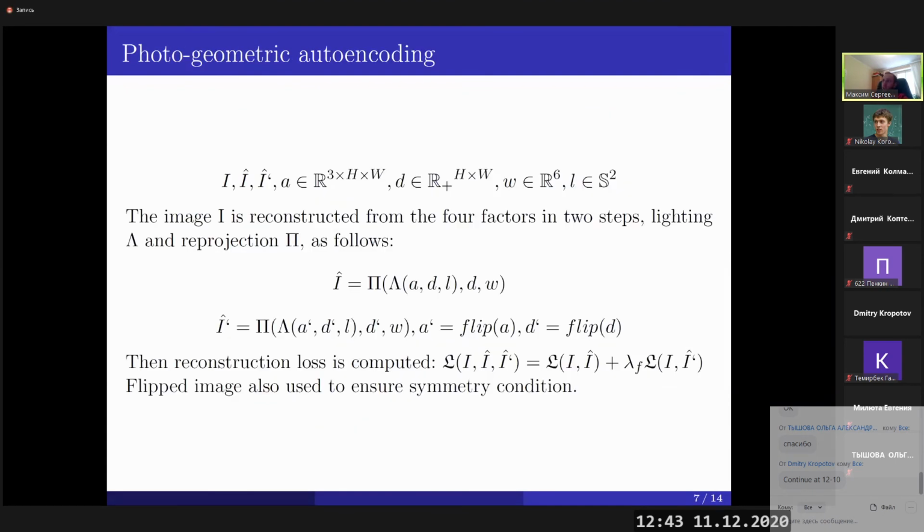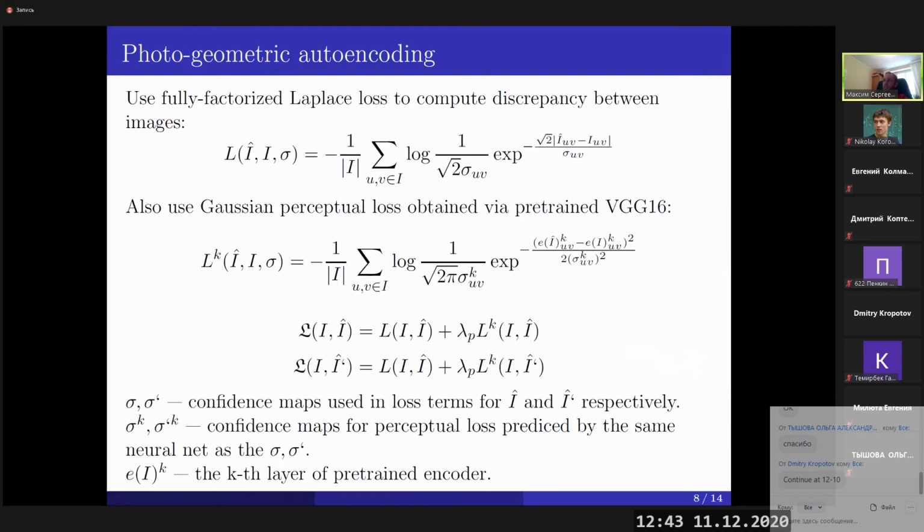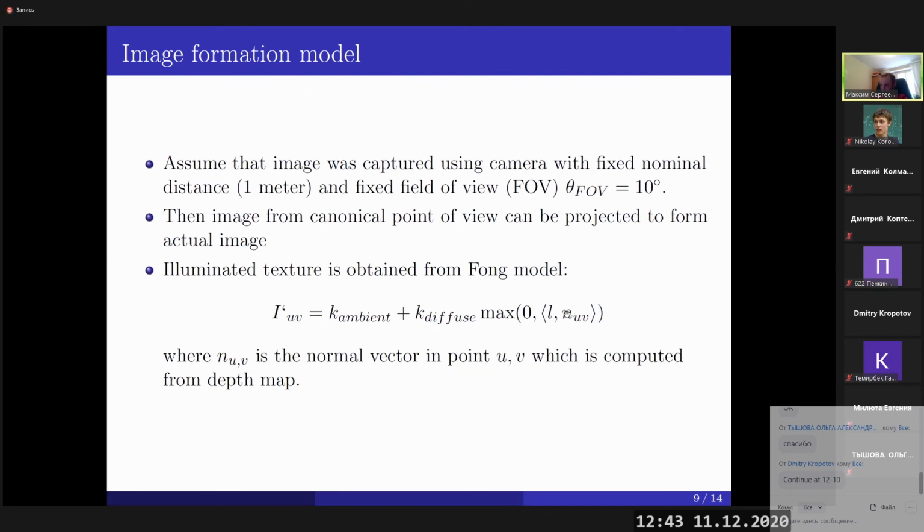The only error we have in the renderer is simply the simplification of the lighting model. We use a very simple light model. We don't take into account some shadows, some second order terms.